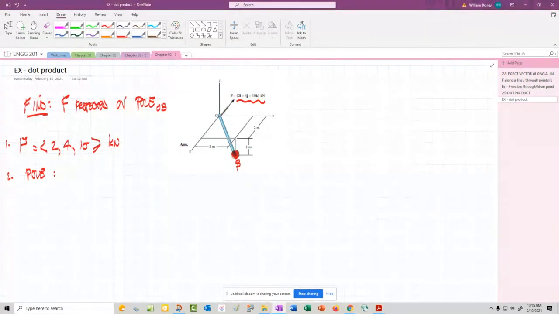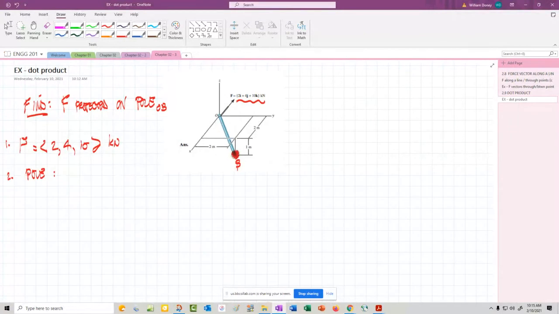All right. So again, when we're trying to build that position vector, that's from O to B, because we're going to treat the vector this way. O to B, we want to use those coordinates. Obviously the origin is 0, 0, 0. That's an easy one.